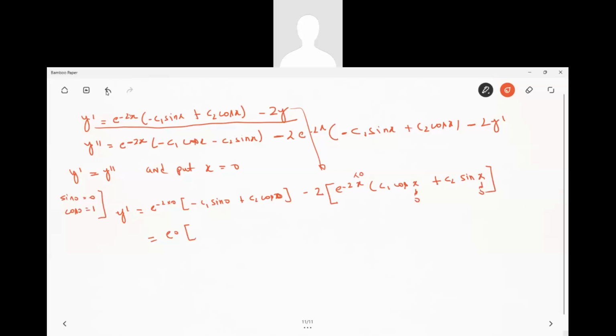This thing you have to remember. So this will become minus C1 plus C2, correct? And e power 0 is nothing but 1.